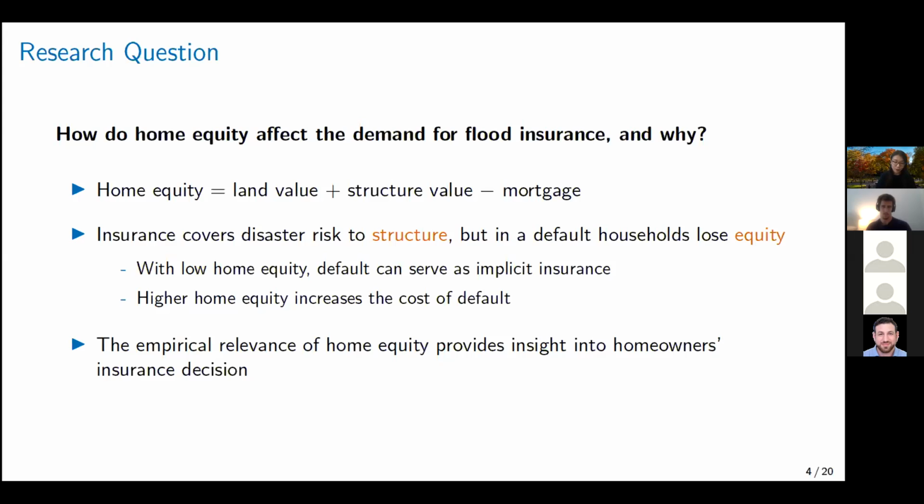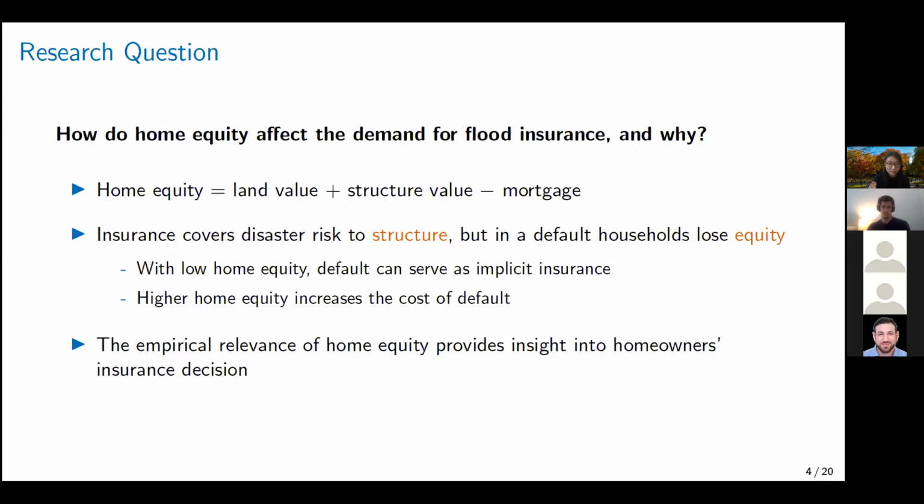Here, I want to walk through the logic of why or why not home equity might affect the demand for flood insurance. So home equity is basically a homeowner's stake in their property. It includes the value of the land plus the value of the structure, but minus the outstanding mortgage balance.